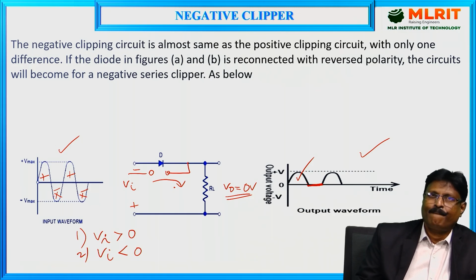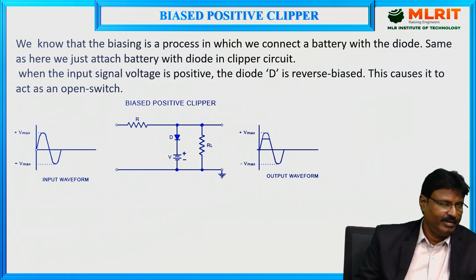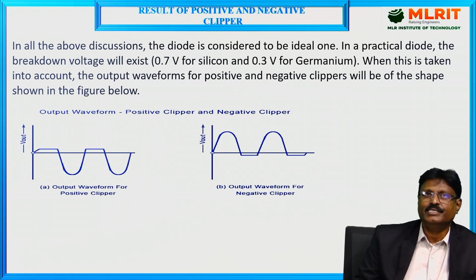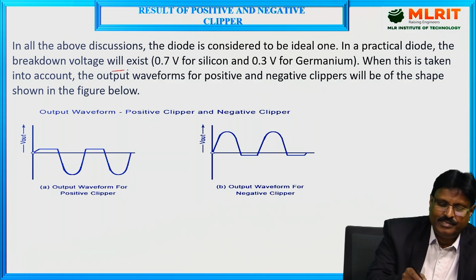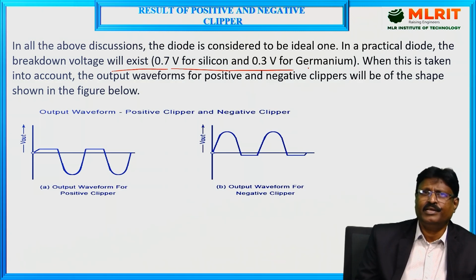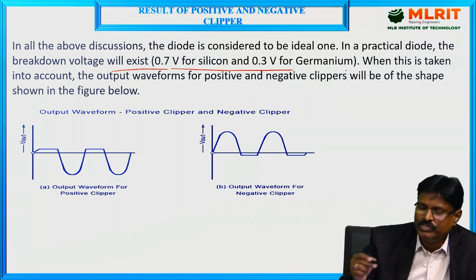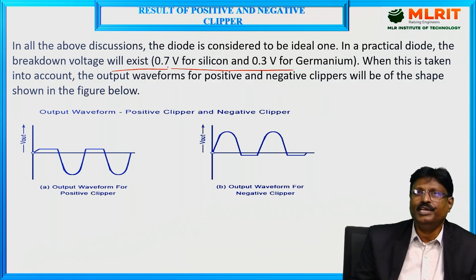And we are thinking that the diode is an ideal one in this particular operation. But if you take the practical case, we need to consider the breakdown voltage or barrier potential that occurs inside the device under 0 bias, and that will be equal to 0.3 volts for germanium and 0.7 volts for silicon, right?